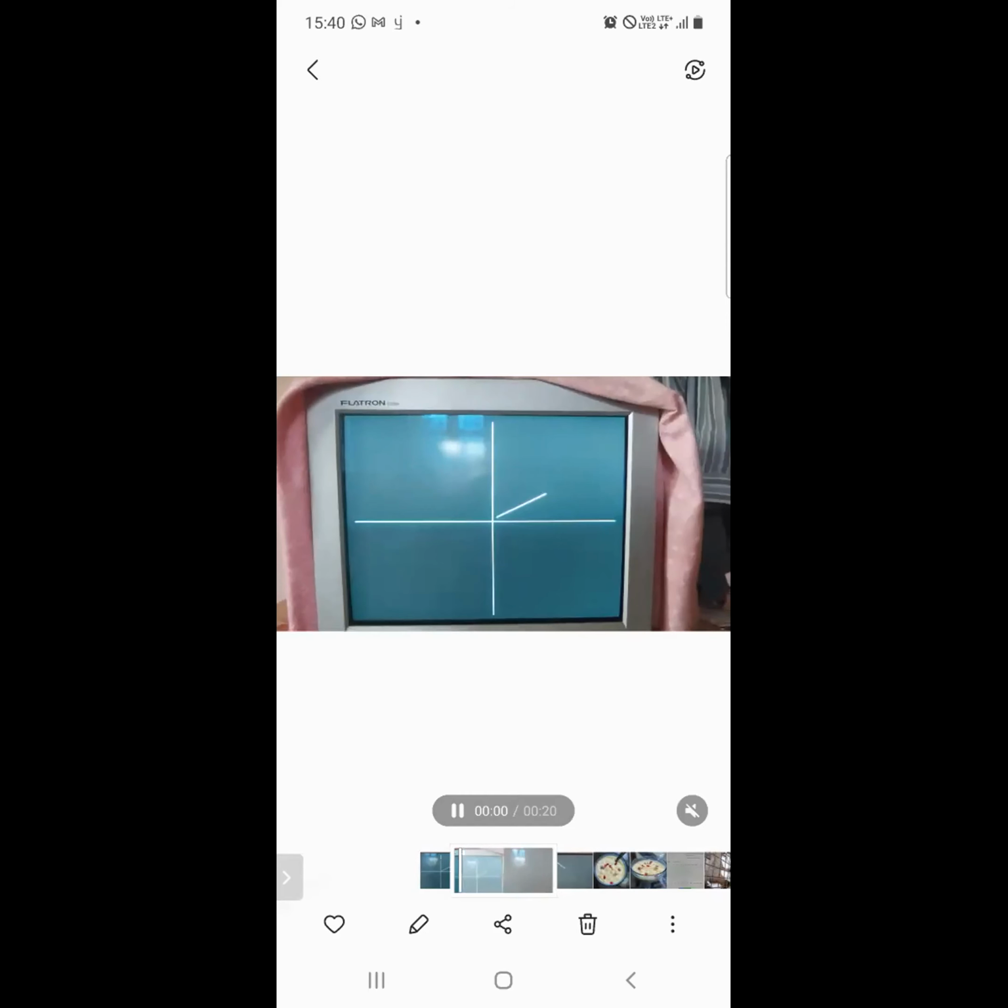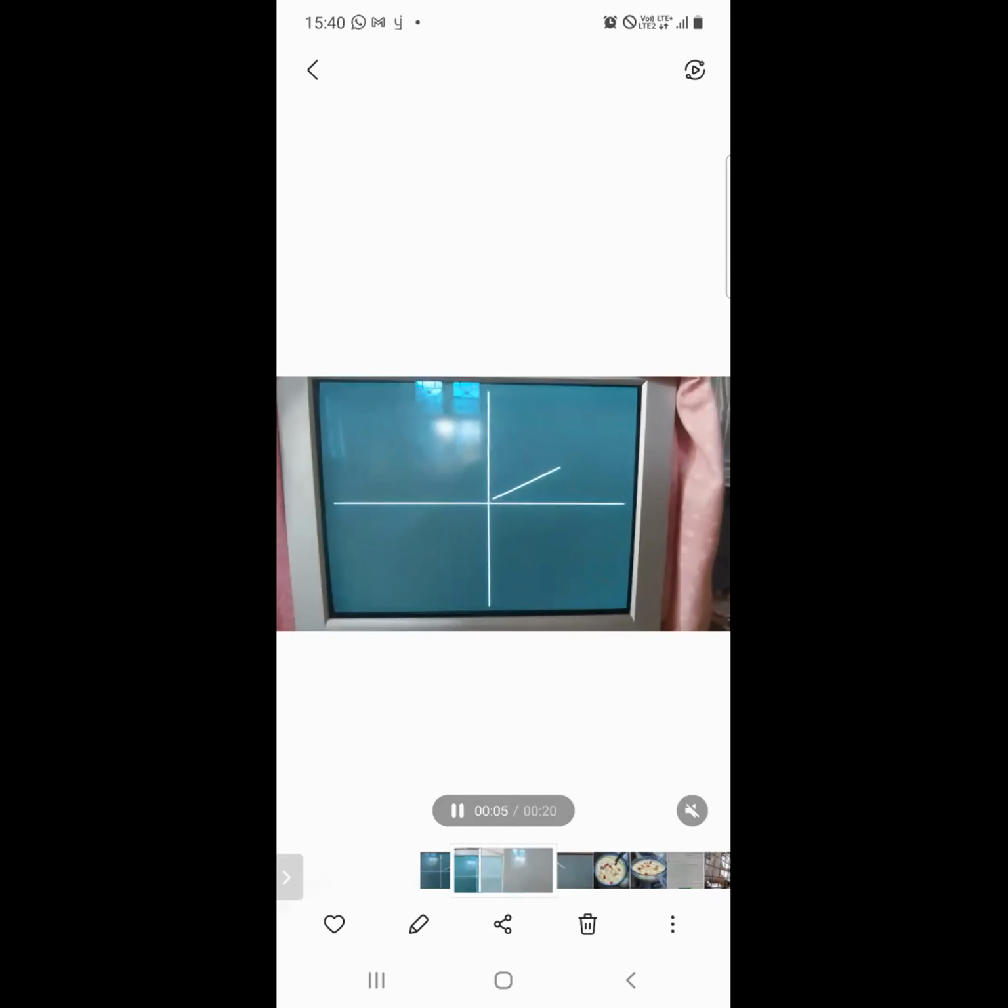Okay, you can view here, I have taken the recording also, in which you can see the line increasing, printing 1 by 1 pixel with a delay of 100 milliseconds.